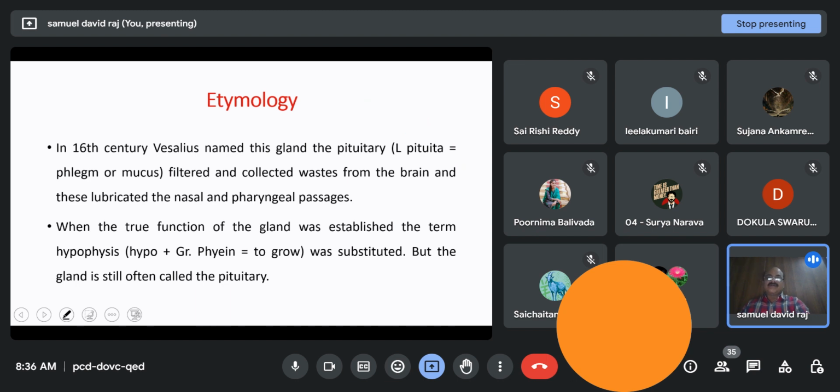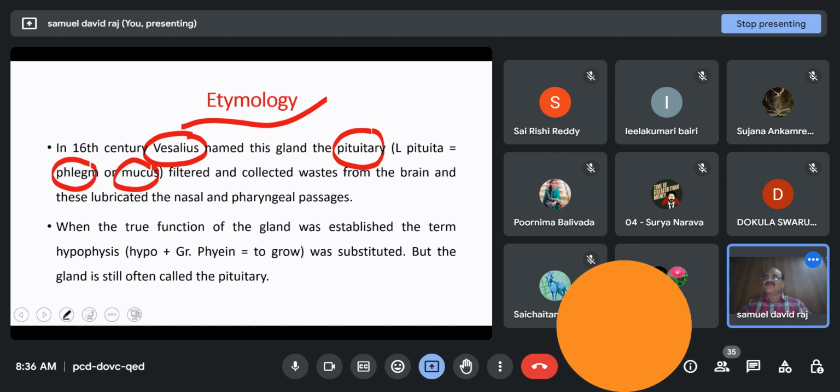Coming to the naming ceremony. In the 16th century, a scientist called Vesalius named this gland as pituitary. So why is this called pituitary? In Latin, the term pituita means phlegm or mucus.